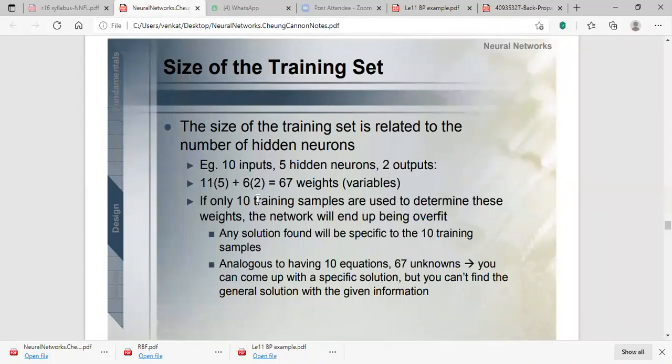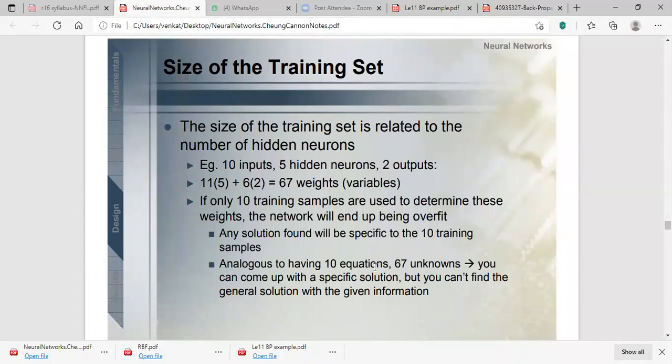So if only 10 training samples are used to determine these weights, the network will end up being overfit. Okay. Any solution which is found will be specific to 10 training samples.